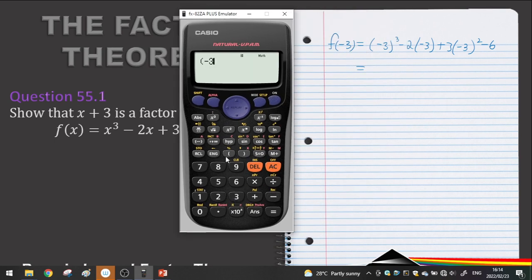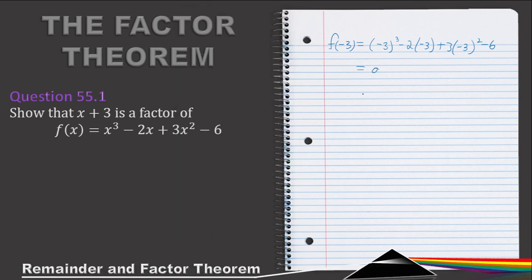Right, that gives us 0. So therefore, x plus 3 is a factor.